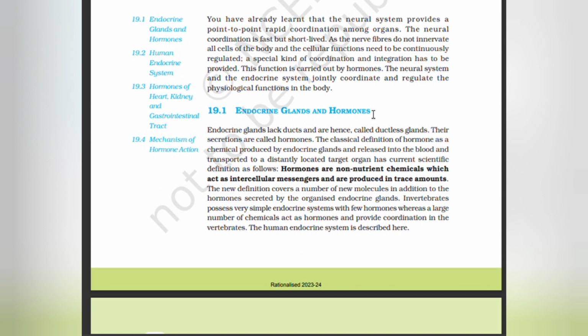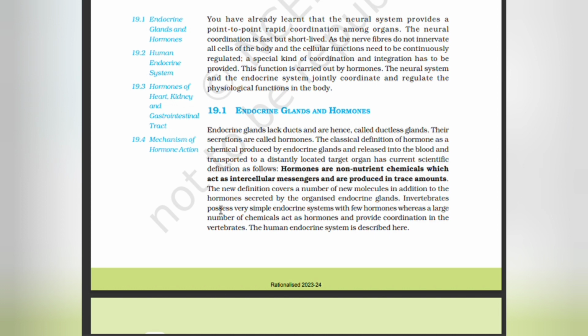Endocrine glands and hormones. Endocrine glands lack ducts and are hence called ductless glands. The secretions are called hormones. The classical definition of hormone is a chemical produced by an endocrine gland, released into the blood and transported to a distinctly located target organ. The current scientific definition is as follows: hormones are non-nutrient chemicals which act as intercellular messengers and are produced in trace amounts.